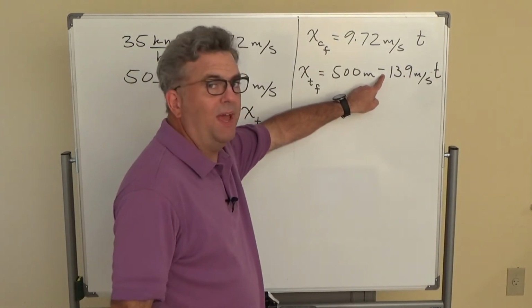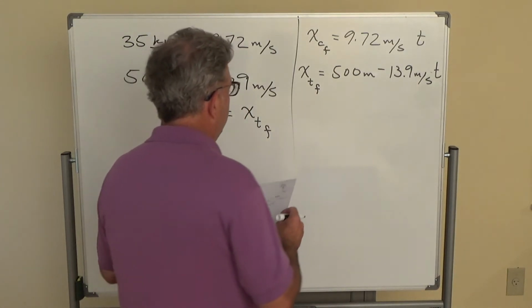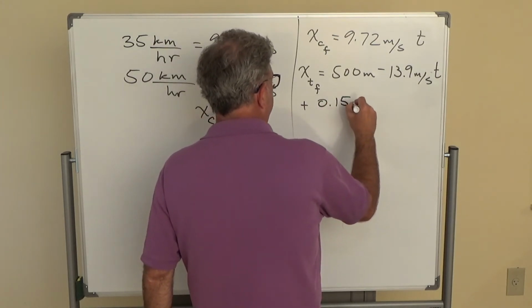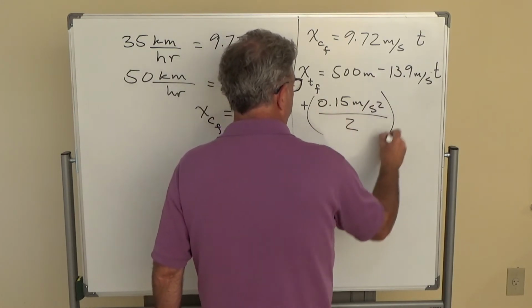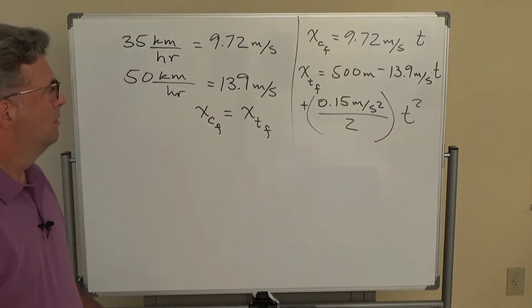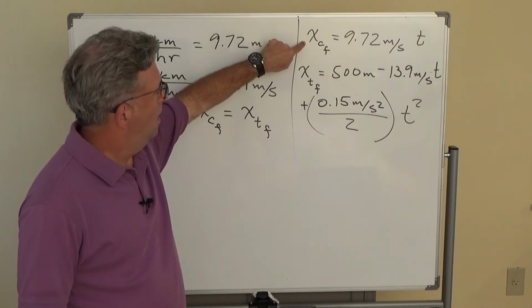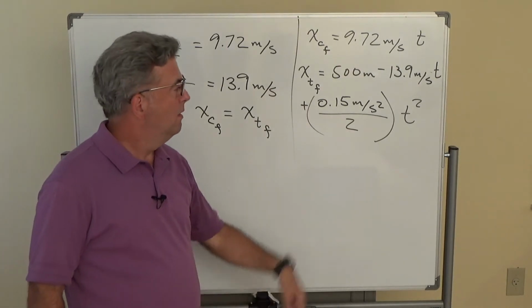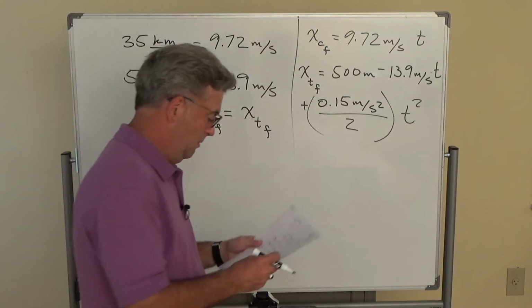I have to keep that negative in there, V initial is negative. Plus 0.15 meters per second squared, that's A, over 2 times t squared. So there's the equation for the car and the equation for the truck. Set those equal to one another and solve. I'll do that now.